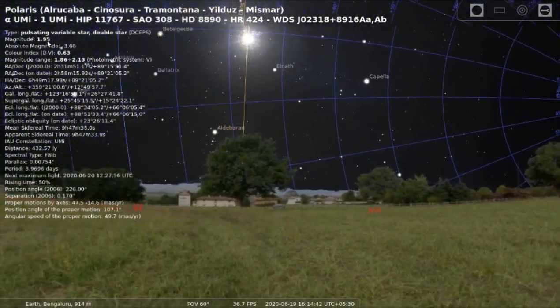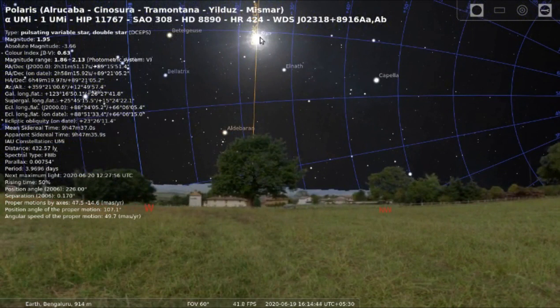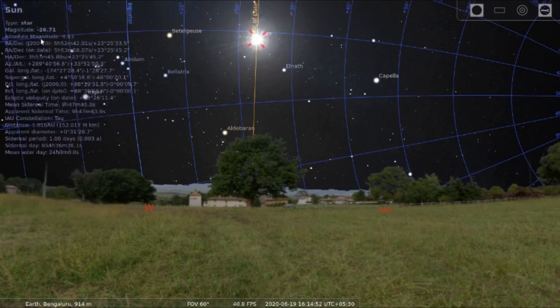For example, if I look at the sun, this is the sun. Since we have removed the atmosphere, the sun is looking like this. If I click on the sun, you will see that the magnitude is actually minus 26.71. So the brightest object in the sky for us, which is the sun, has a magnitude of minus 26.71.